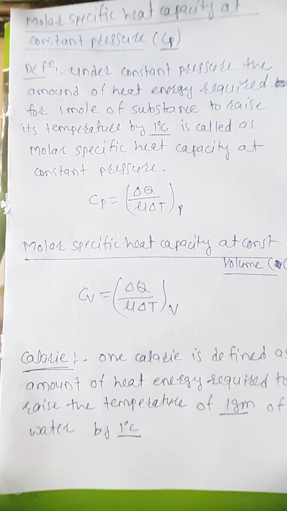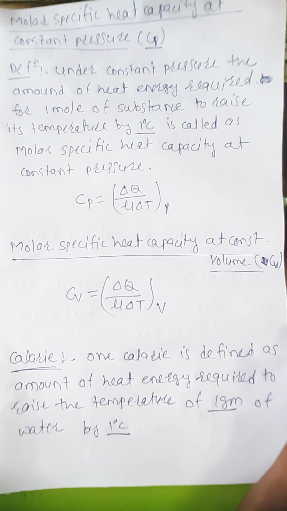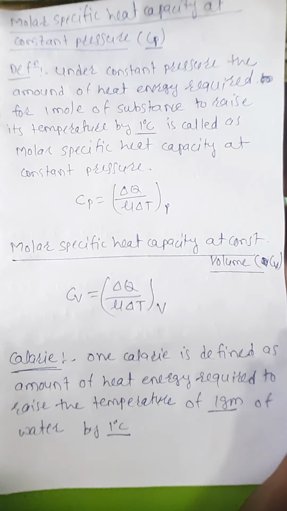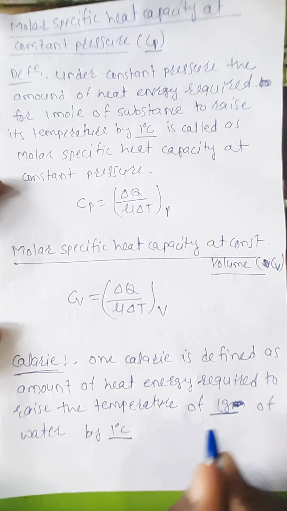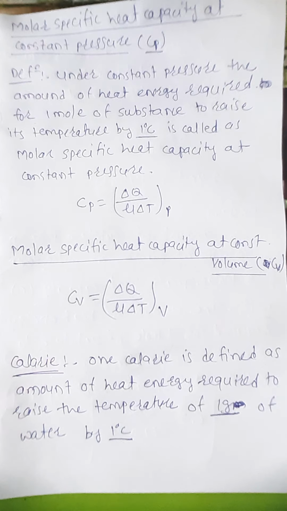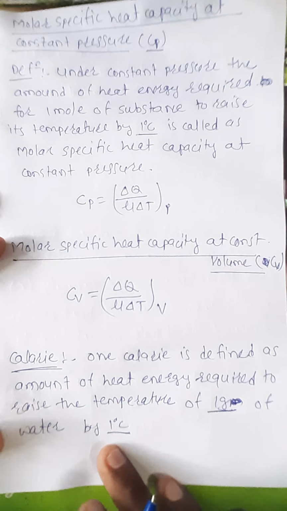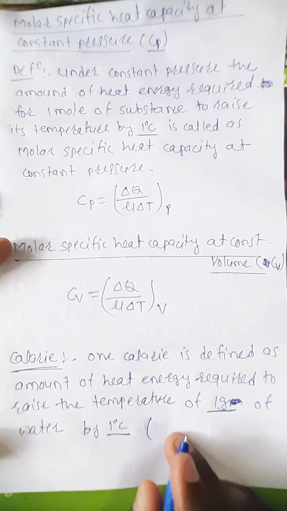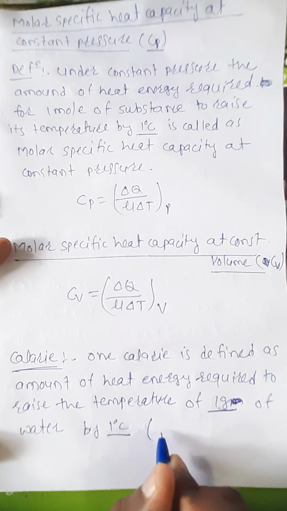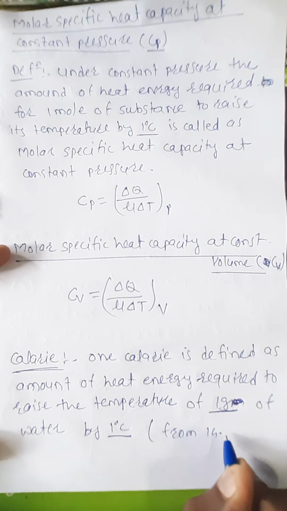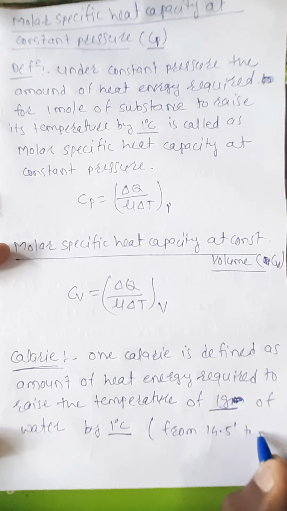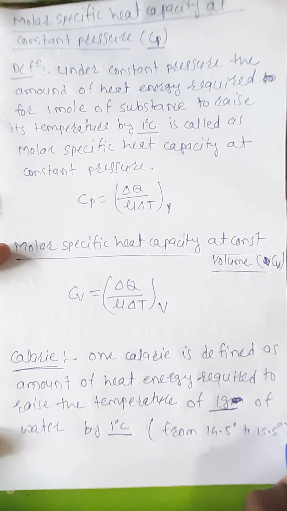What is meant by calorie? Calorie is defined as the amount of heat energy required to raise the temperature of 1 gram of water by 1 degree Celsius. For standard purposes, the temperature is increased from 14.5 degree Celsius to 15.5 degree Celsius.